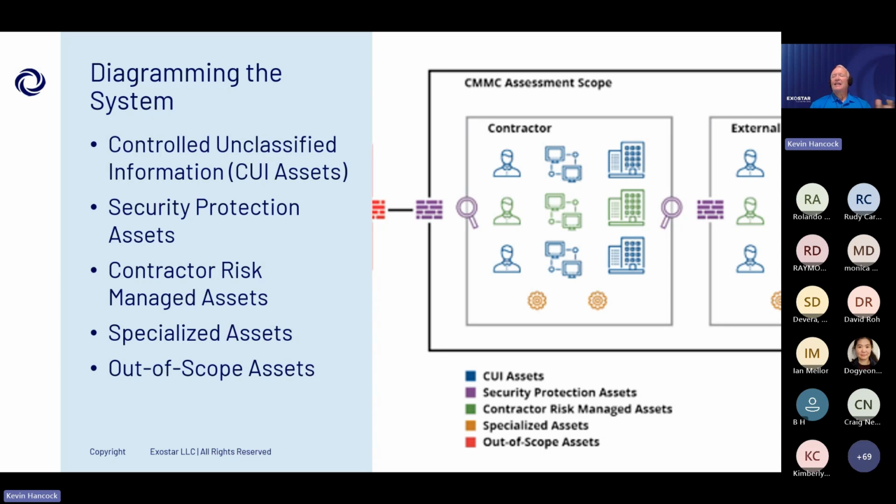Now, that may be an electronic system. It may be a physical system. It may be a file cabinet, right? It may be a file cabinet in a room. And what kind of physical controls do you have of who has access to that? All of those things make up part of that overall system and the overall system boundary that is going to be assessed when you engage with that third-party assessment organization.